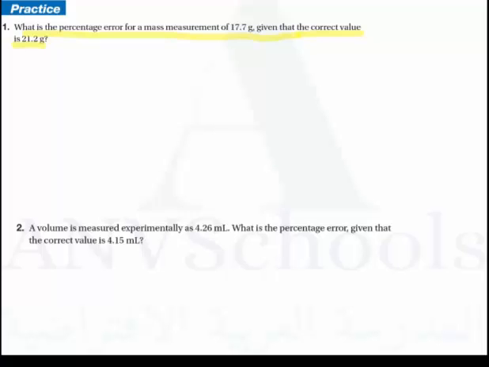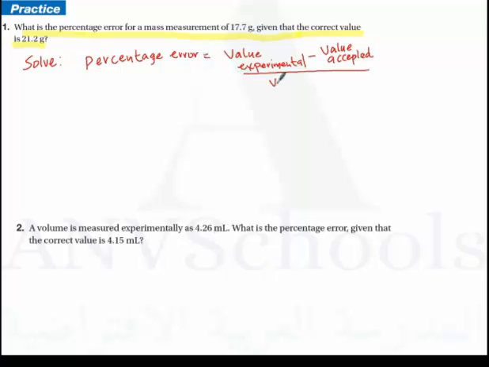We take our formula: percentage error is equal to the experimental value, subtract the accepted value, divided by the accepted value, then multiply by 100.